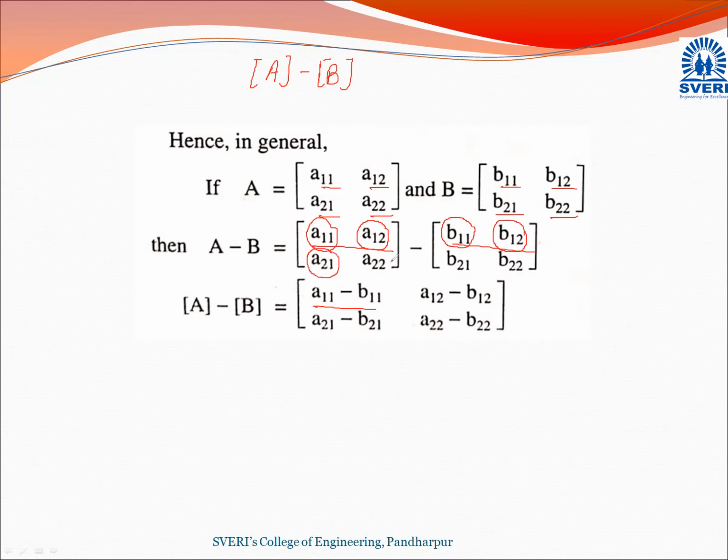Second row, first element minus second row, first element. Second row, second element minus second row, second element. So A11 minus B11, A12 minus B12, A21 minus B21, A22 minus B22. Such types of examples we can solve easily.